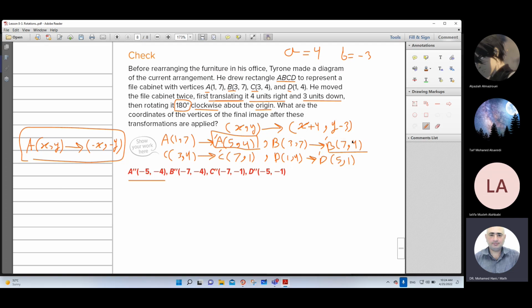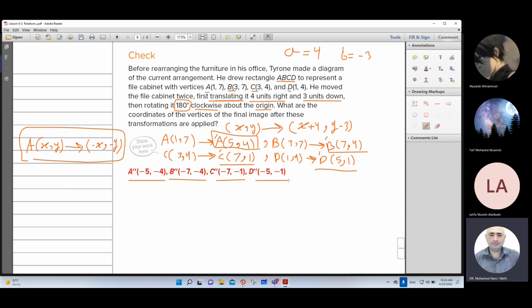Take the opposite of x and the opposite of y will be (-7, -4), and this is B2 prime. And the same idea for the C prime (7, 1) will be (-7, -1), and the same idea for the D prime (5, 1) will be (-5, -1).